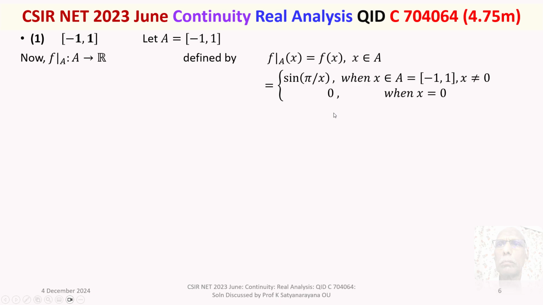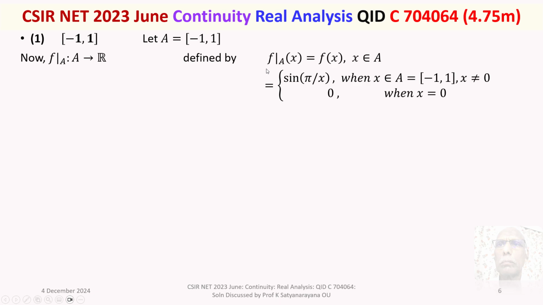It's again this function defined like this, where this set A is the closed interval -1 to +1 and includes 0.